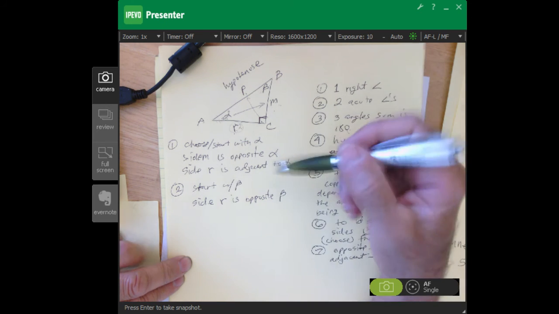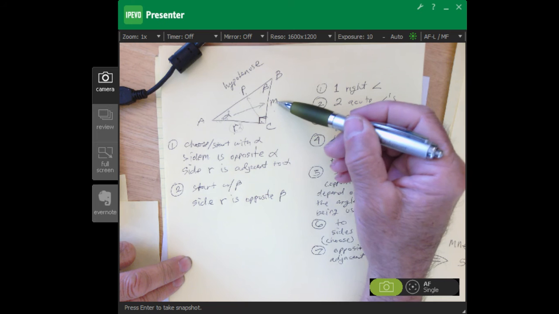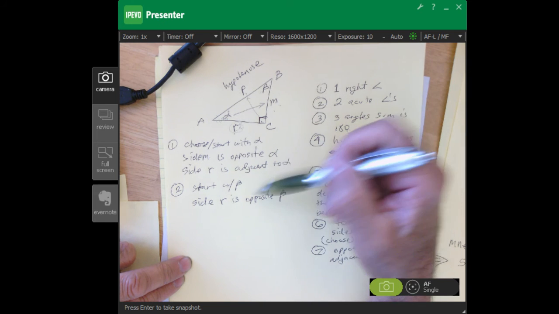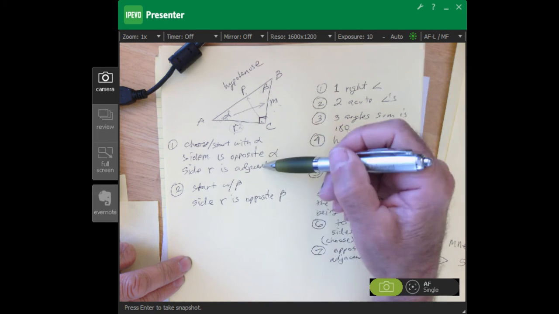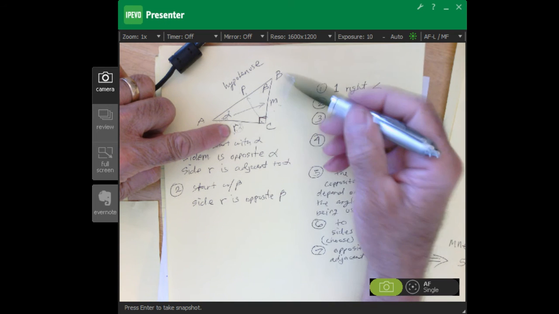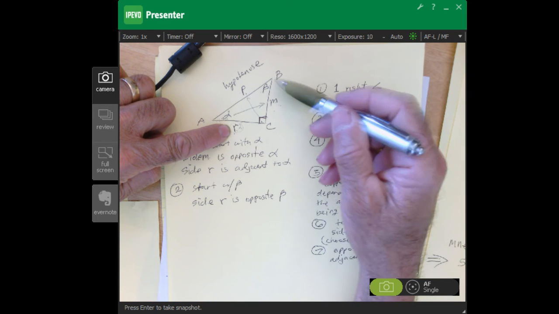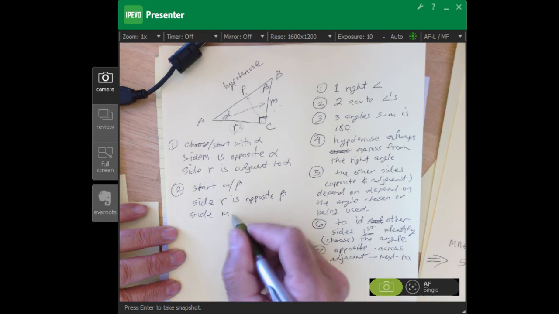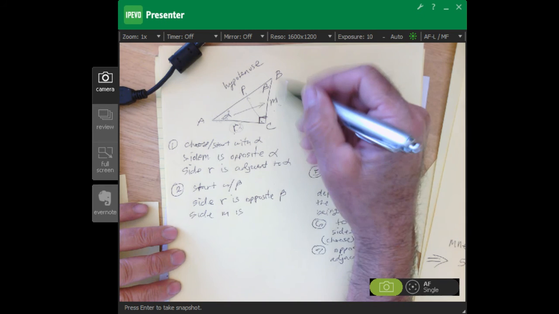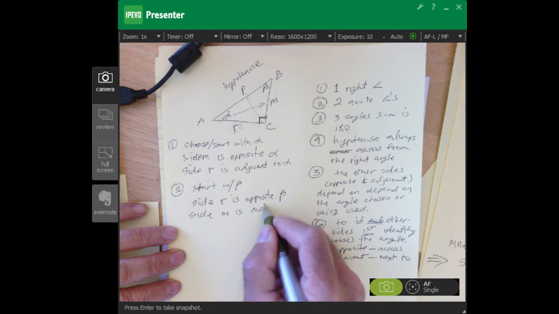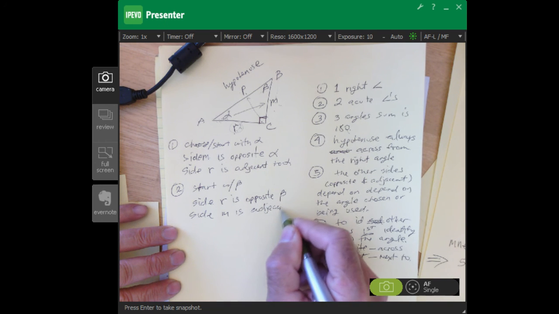Notice M is opposite of alpha. R is adjacent to alpha, but R is opposite to beta. And if we look at side M, M is next to beta. So the word is adjacent.